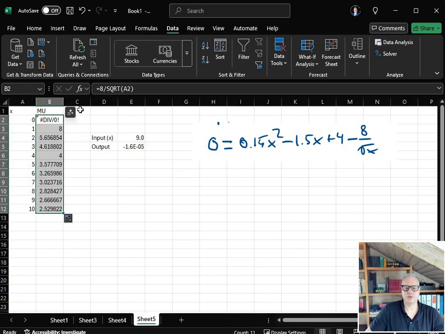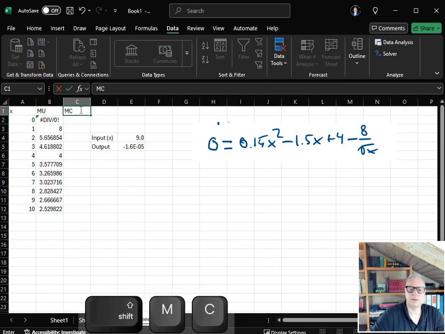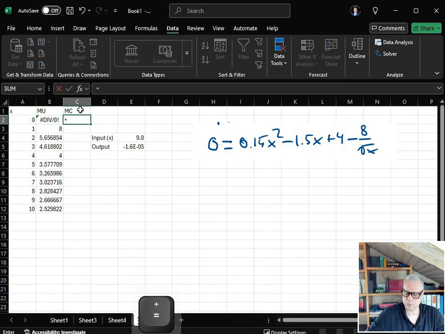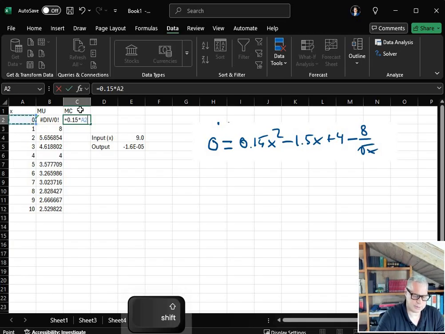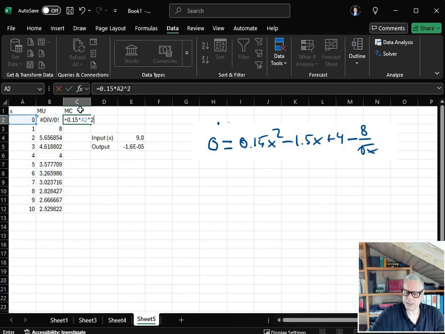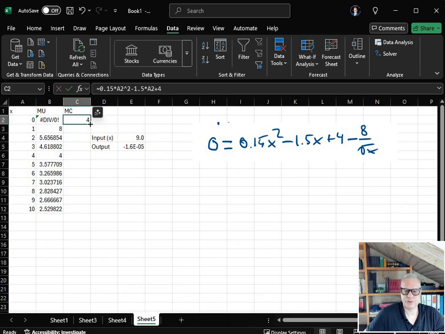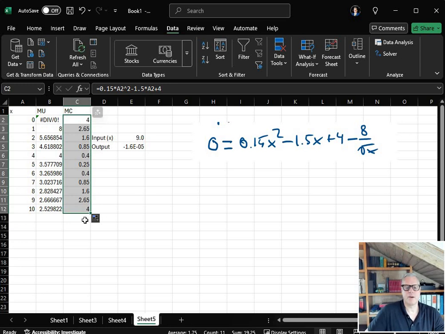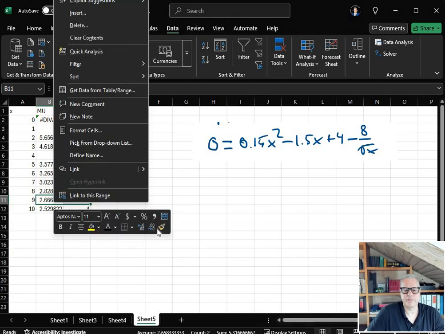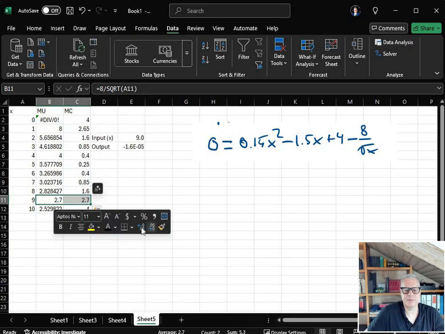And the marginal cost was equal to 0.15 times x squared minus 1.5 times x plus 4. That was the marginal cost function. Now you see at 9 they're pretty much the same. There's no big difference, so this is the best value we can get.